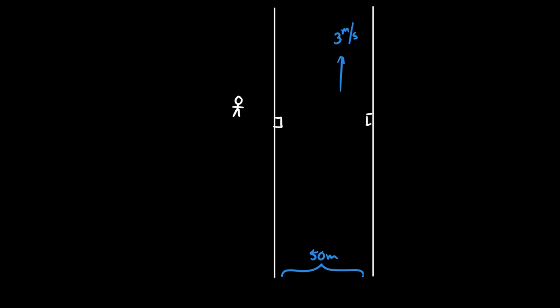I have a kayak. I can paddle 5 meters per second in still water. What direction should I aim my kayak so I travel directly across from one dock to the next? And how long will it take me to get there?